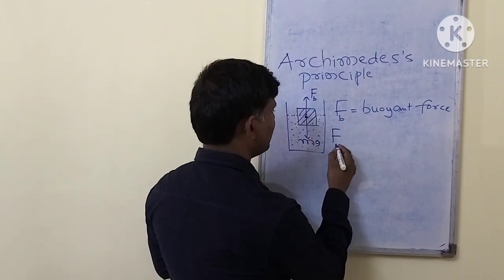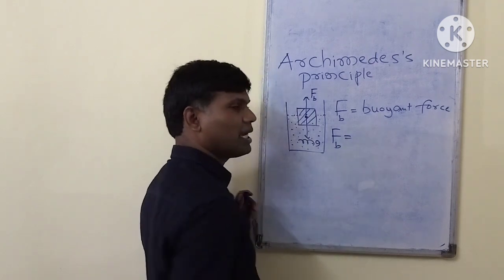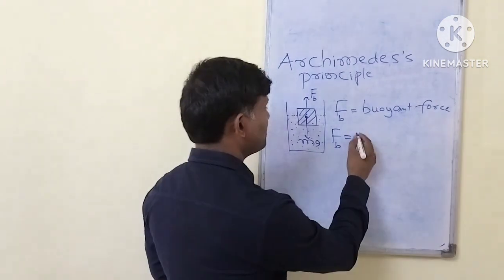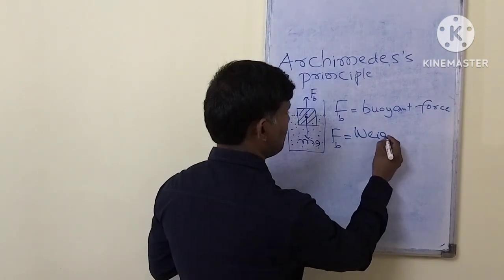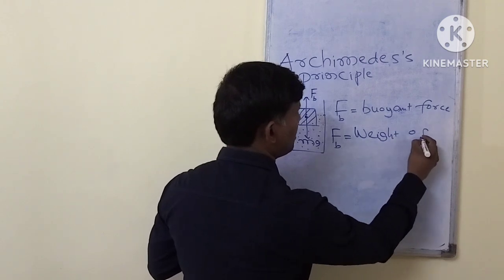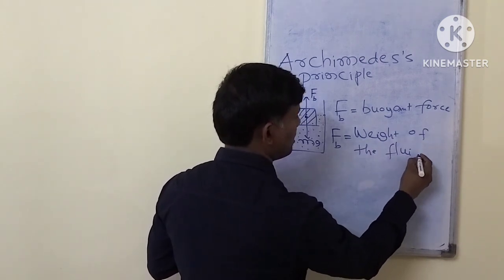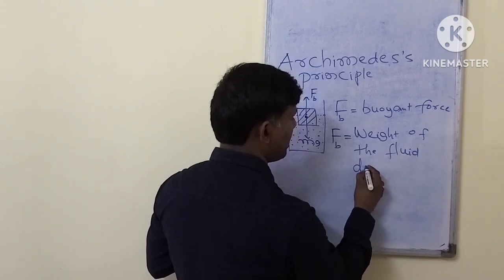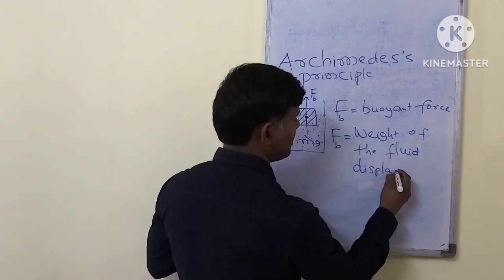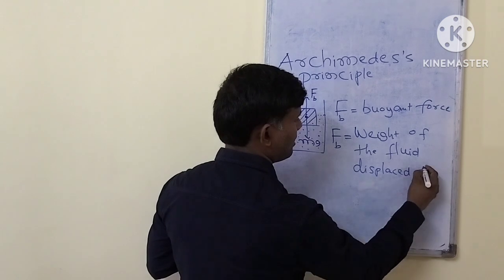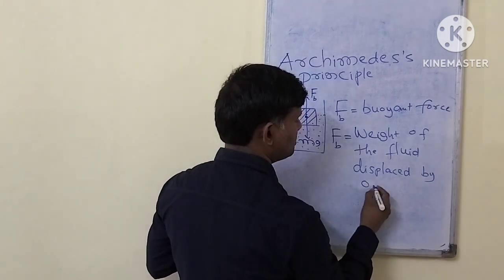This FB, buoyant force, is equal to the weight of the fluid displaced by the object.